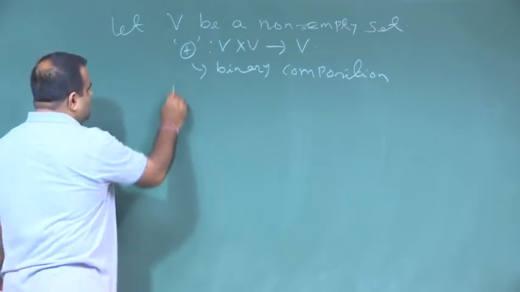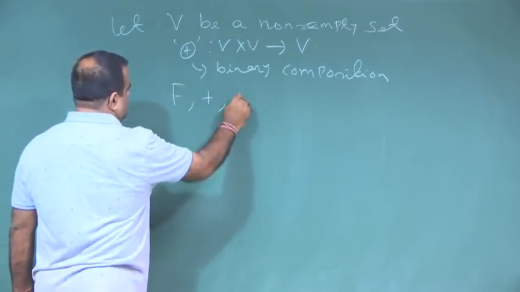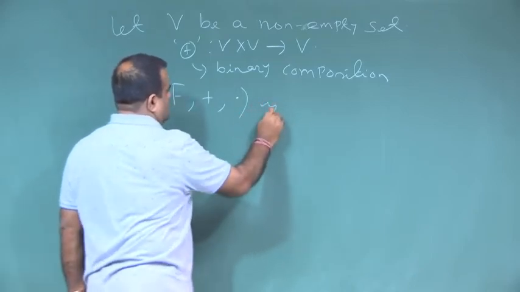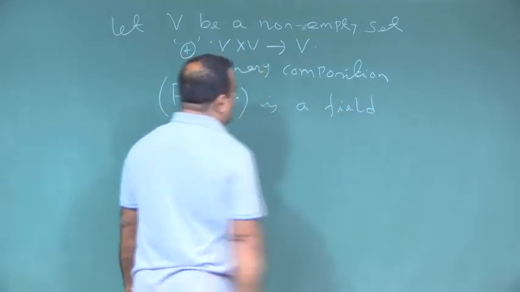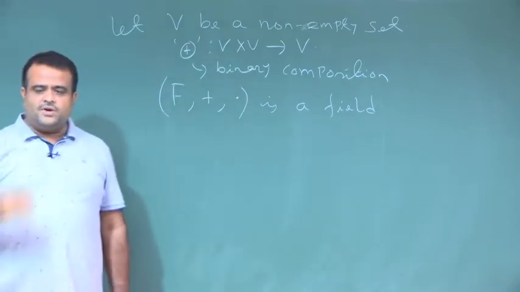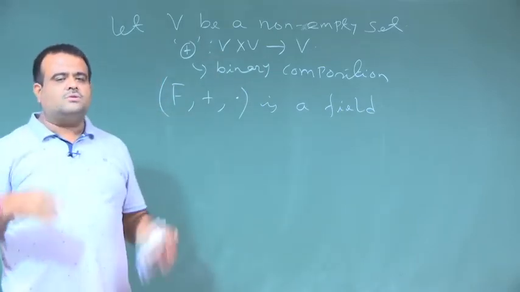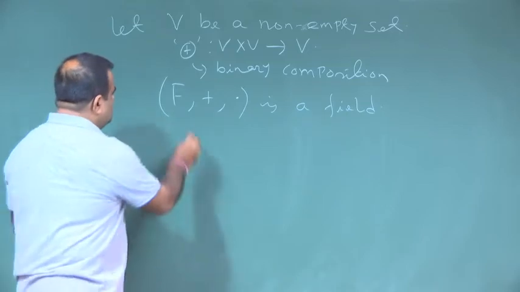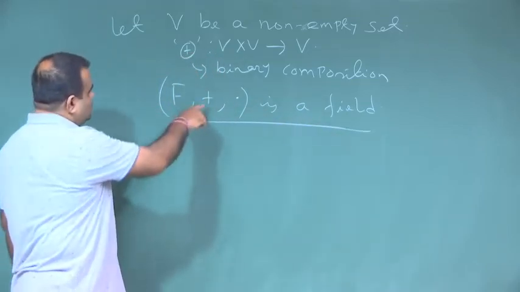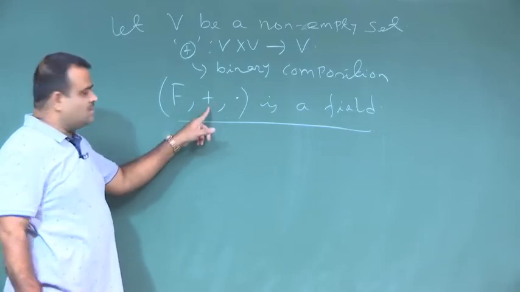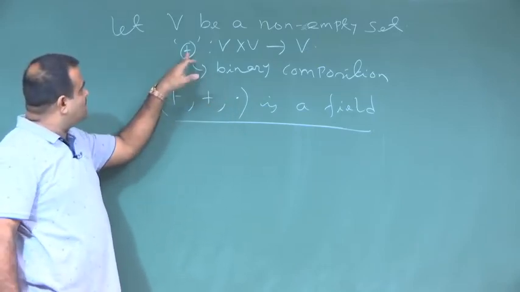And we have a field. So, this vector space is over a field. We always define a vector space over some field. So, this is the underlying field. It has two operators, plus and dot, the field plus and field dot, and this is the vector plus.